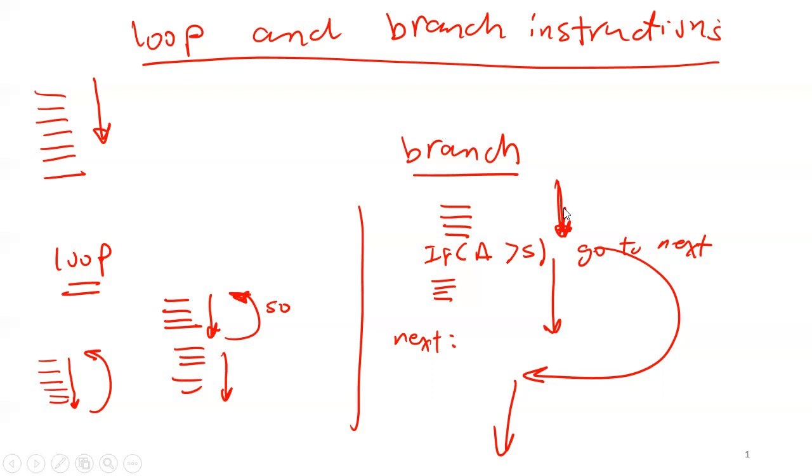The second thing also, sometimes we have a branch instruction, something like that. If A is greater than 5, then go to next. And I put here next. So I have a condition. That's why it's called a branch, because you make like a branch. Can you see this branch here and here? If the condition is true, I'm gonna go this way.